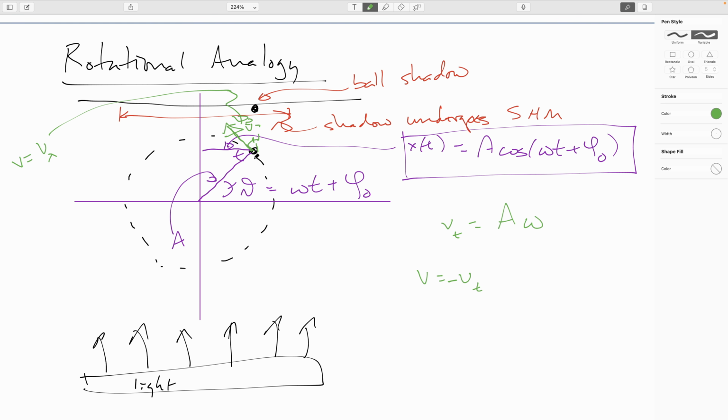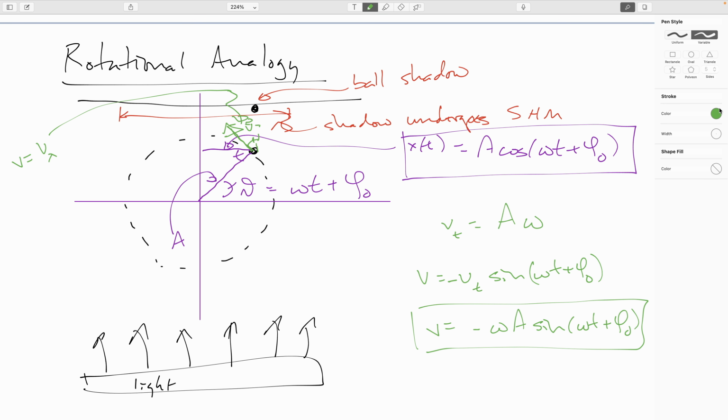This angle and this angle are the same because this makes up 90 degrees and that makes up 90 degrees. That makes this the sine of omega t plus phi naught. But we said that our tangential velocity was A omega, so this is minus omega A, just to get in the form we've seen before, sine omega t plus phi naught.